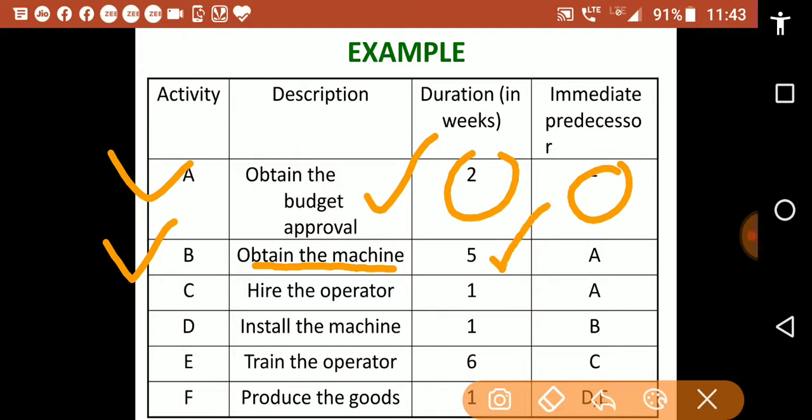Duration is 5 weeks and the immediate predecessor is activity A. Activity C is hire the operator. The duration of this activity is 1 week and the immediate predecessor is A.